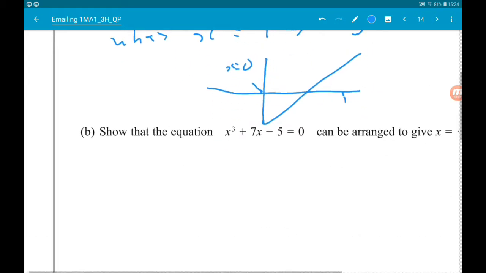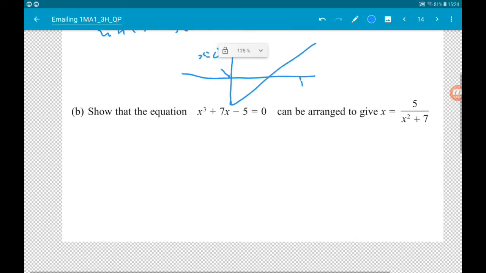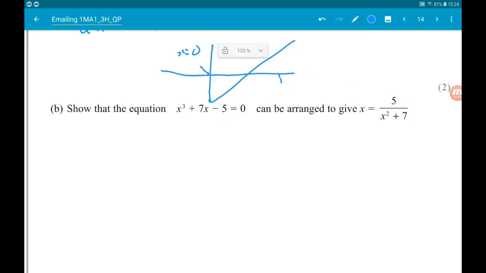Okay, then part B wants us to show that the equation x cubed add 7x minus 5 equals 0 can be rearranged to give x equals 5 over x squared add 7.